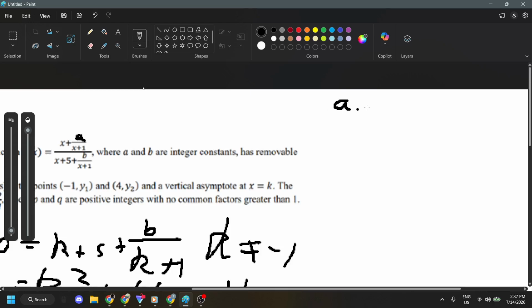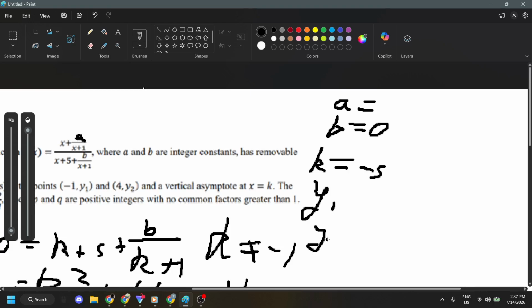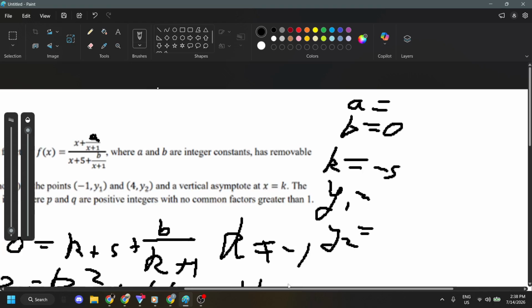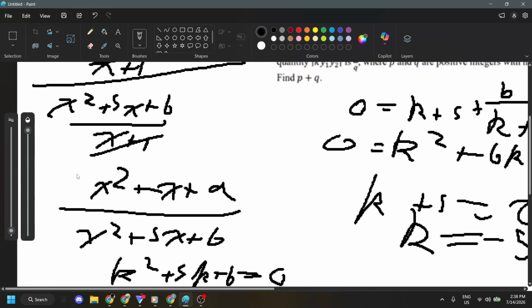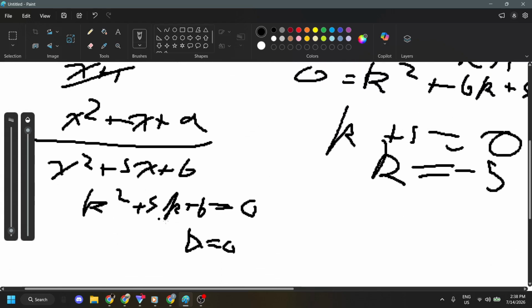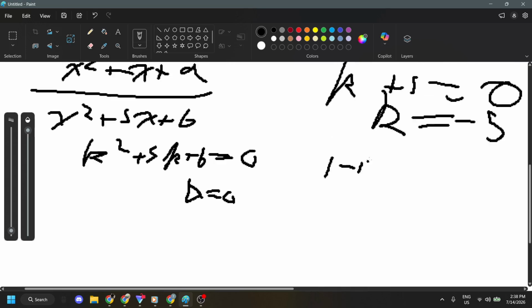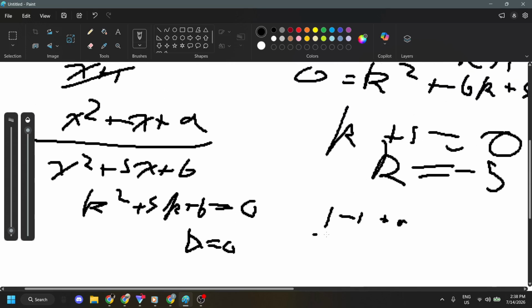So right now we don't know what a is equal to. We know b is equal to 0. We know k is equal to -5. We don't know what y1 or y2 are equal to. So now we need to find when x is equal to -1. We eliminated the discontinuity, so this should be easy. We just get 1 minus 1 plus a over 1 minus 5 plus b.